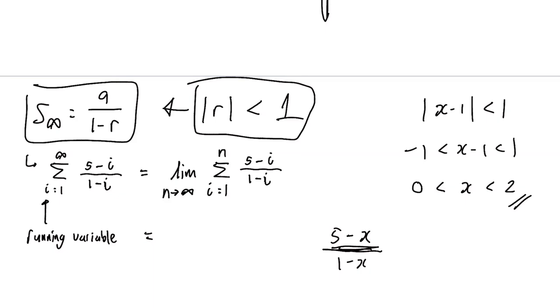When the degree of the numerator is larger than or equal to the degree of the denominator, then it will be improper. If the degree of the numerator is strictly smaller than the degree of the denominator, then it will be proper. Should I write this down? Yeah. Degree of numerator and degree of denominator.